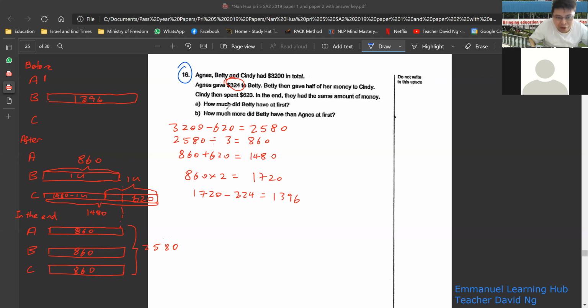After she gave 324 to Betty, she had 860. You understand what I mean? Yes. Then you might want to establish this one, but it's not necessary anymore because you have already solved the question. How much more did Betty have than Agnes at first? It's just a comparison between Betty and Agnes.